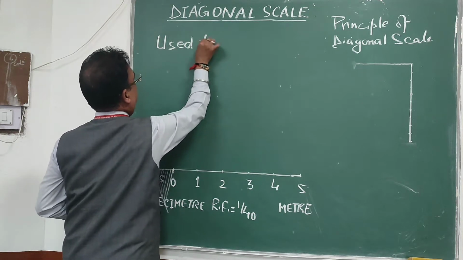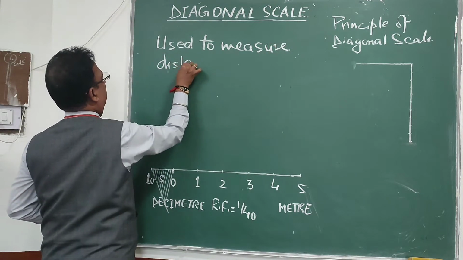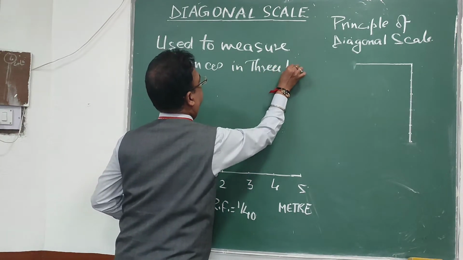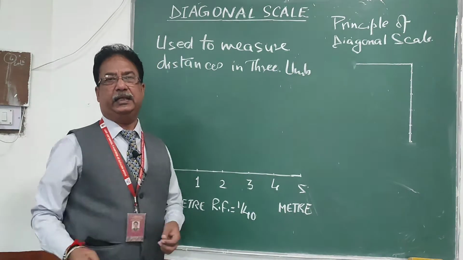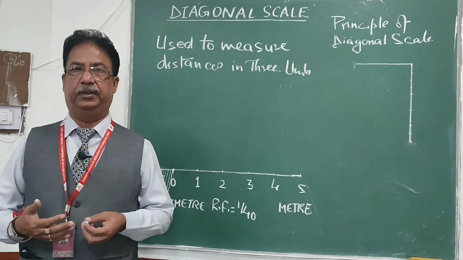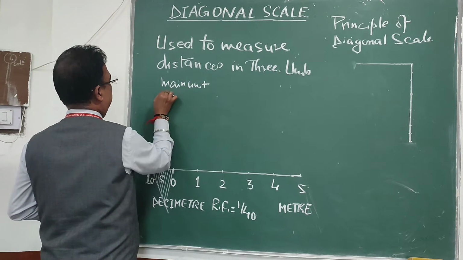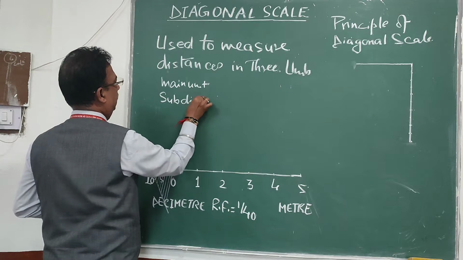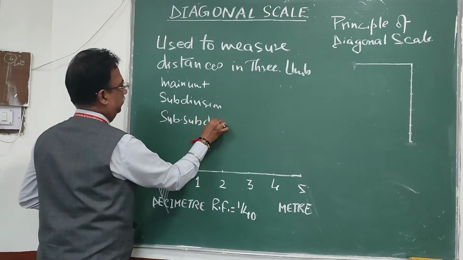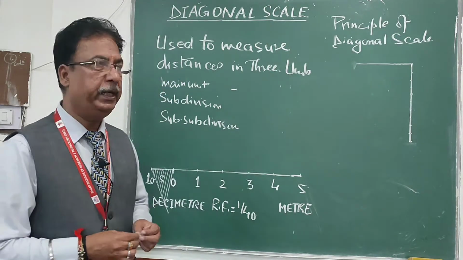So this is used to measure distances in 3 units, and the 3 units are exactly the consecutive units: the main unit, its subdivision, and the subdivision of that. So if the main unit is meter, then the sub unit will be decimeter and the next sub unit will be centimeter.